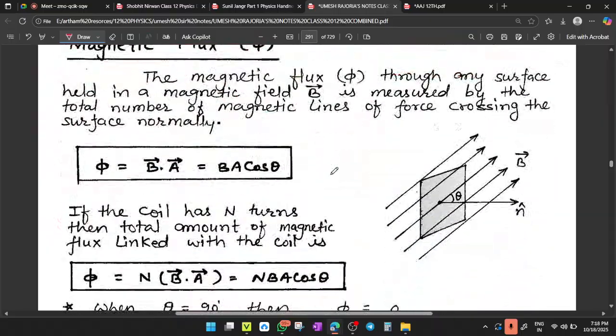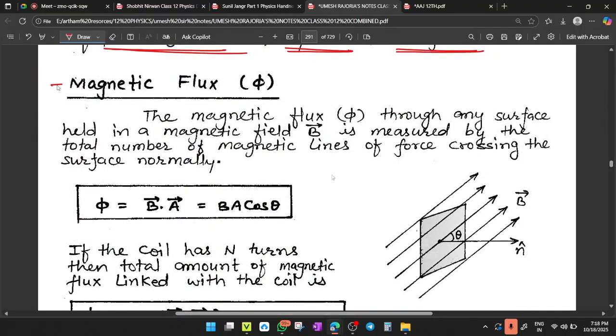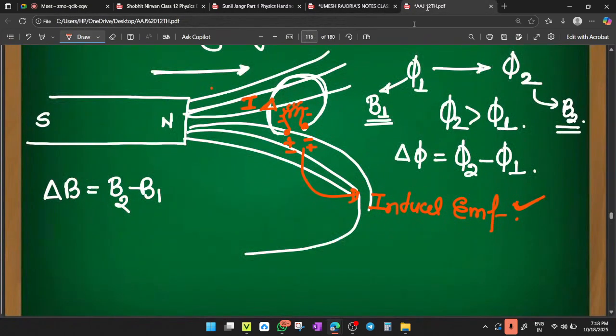Okay. Next topic is magnetic flux. Yes, magnetic flux. What is magnetic flux? Two different things are there. One is magnetic lines of forces, and the second is magnetic flux.